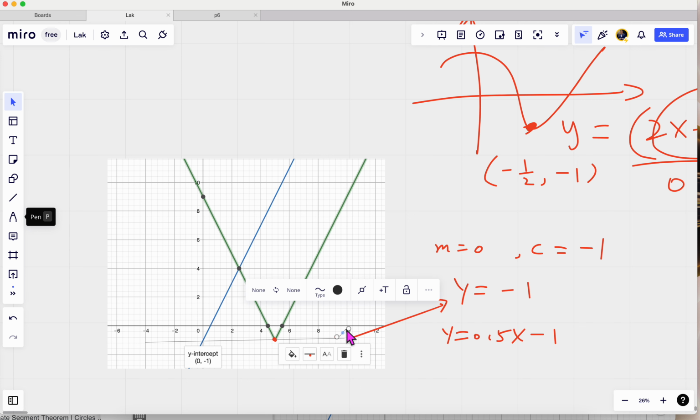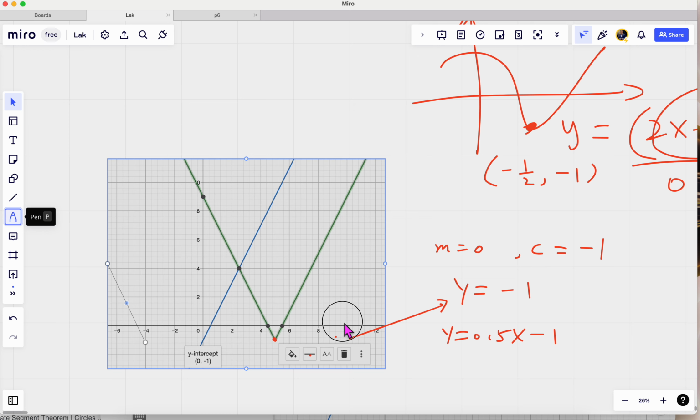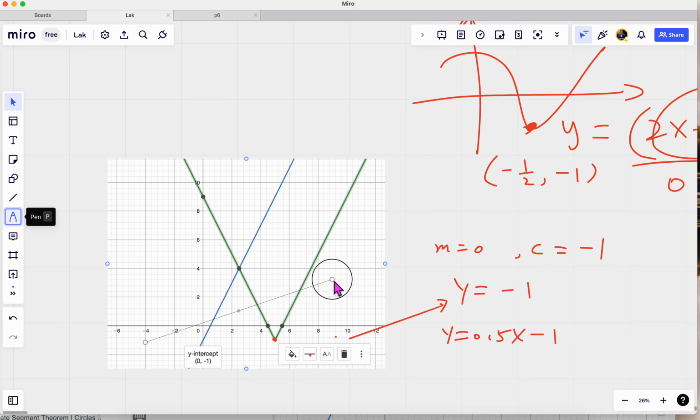So this line is going to move up until it hits the parallel situation, because once it is parallel, you only have one solution. So that is another limit.